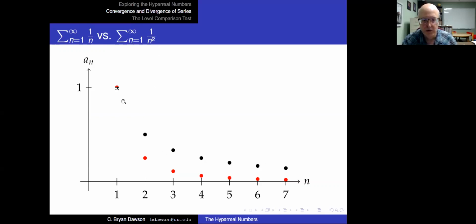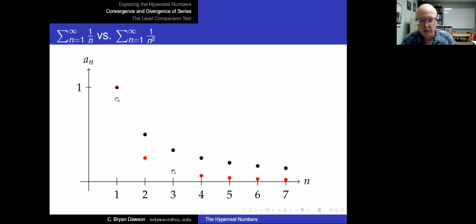You can graph the first few terms. And the idea is that the harmonic series 1 over n is going towards 0, but at a fairly laggardly pace. It's going towards 0 slowly enough that it has time to accumulate as large as you wish. But the 1 over n squared, that's a p series with p equals 2, bigger than 1, so it converges.